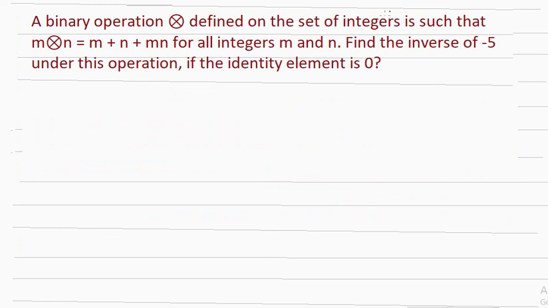Solution. The question goes this way. A binary operation, defined on the set of integers, is such that m operation n is defined by the formula m + n + mn for all integers m and n.